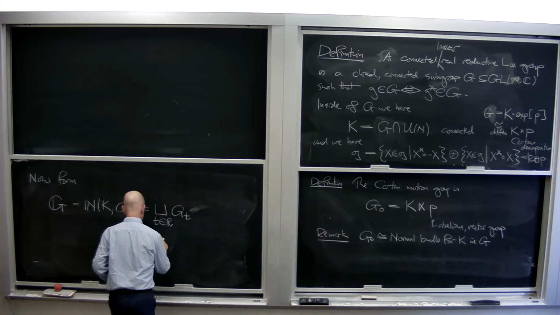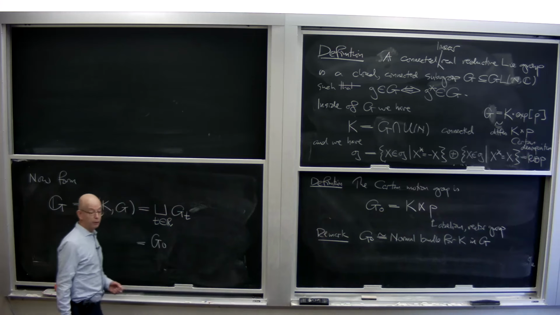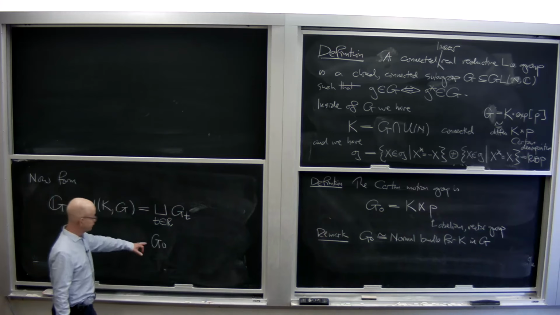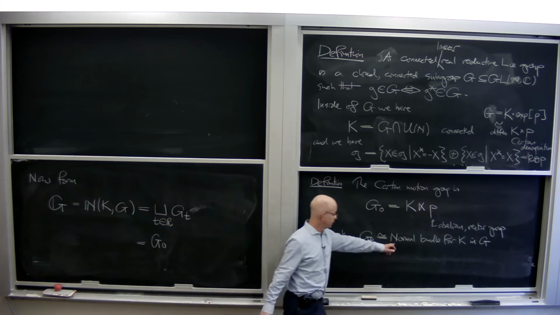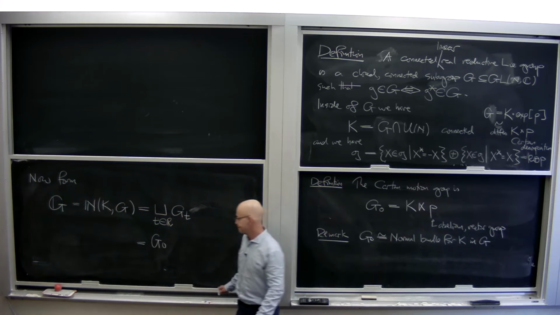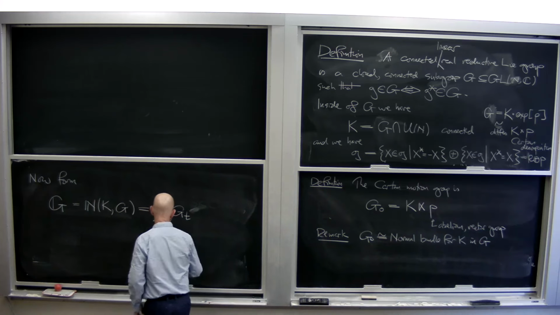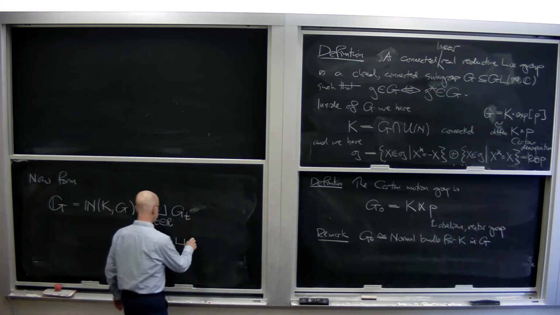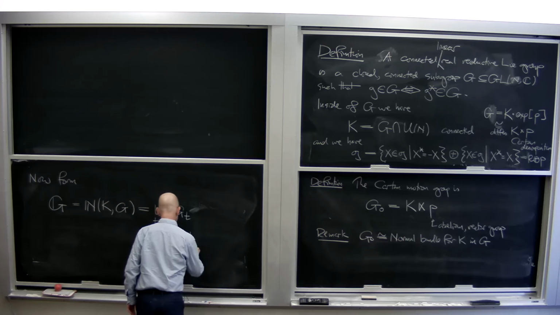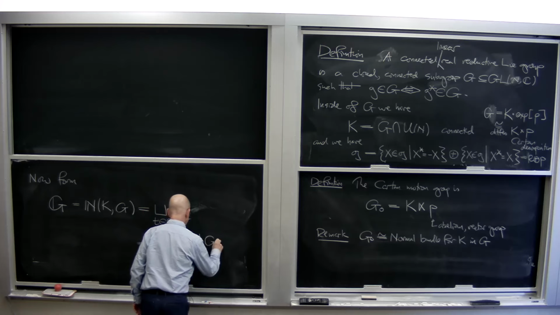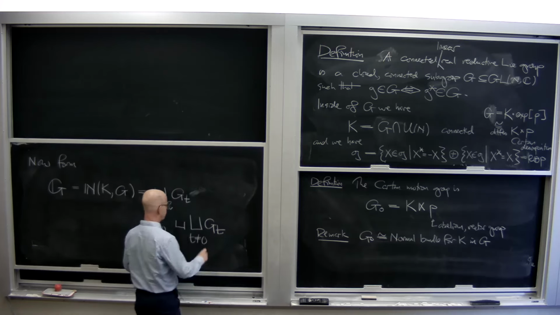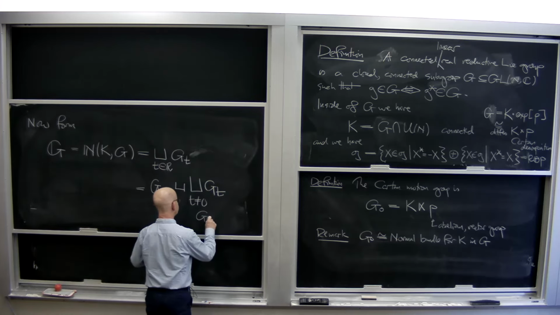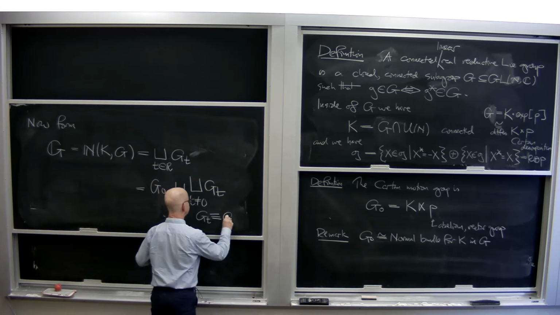There's the group G0, which is the special fiber, which is the normal bundle, which is indeed a group. And then we know that all of the other fibers are just the big ambient manifold, so it's just a bunch of copies of groups that we might call GT, and all of these are identically equal to G.